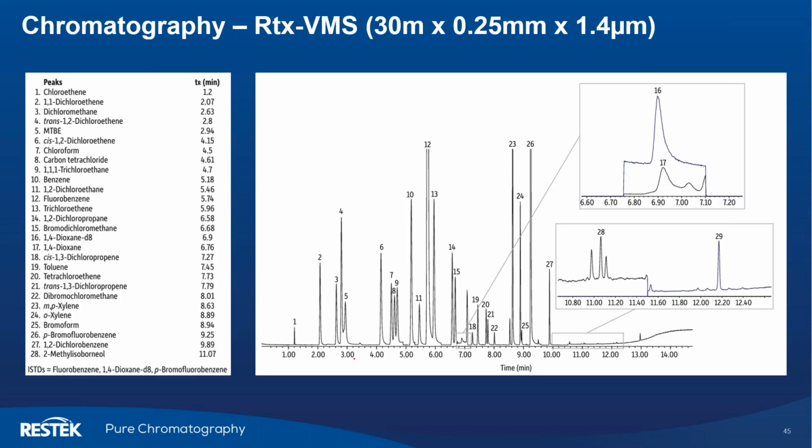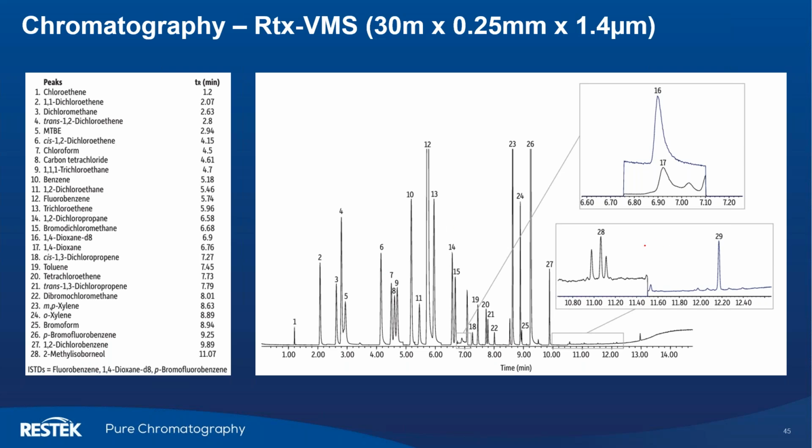So for the chromatography, I want to quickly go over this. I know I haven't spent too much time on the chromatographic conditions today, but you can always reach out if you have more questions about this. Using SIM mode for our VOCs and odors, we were able to get good separation of all of our analytes of interest using a SIM mass spec method.